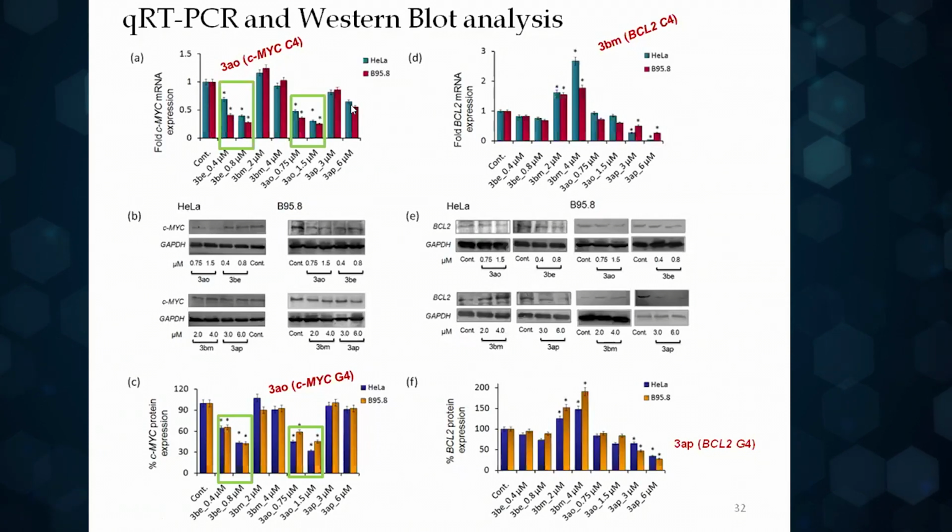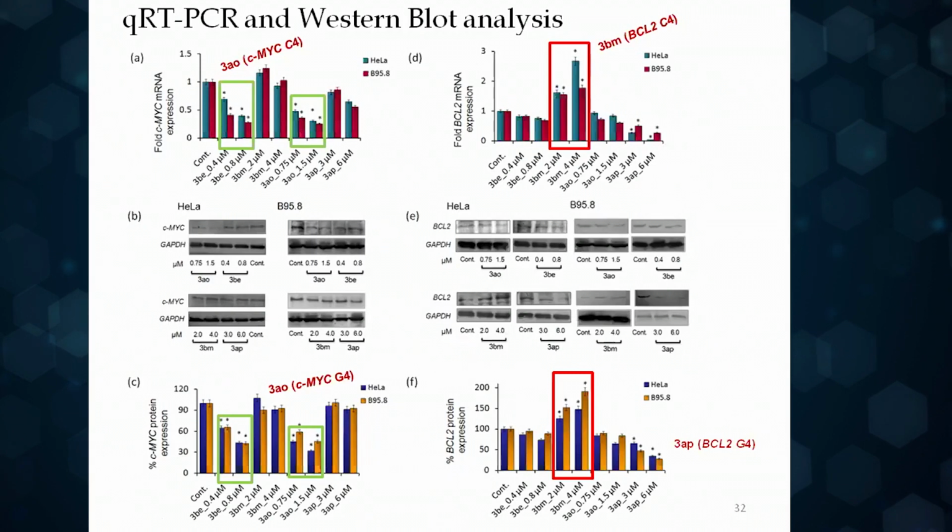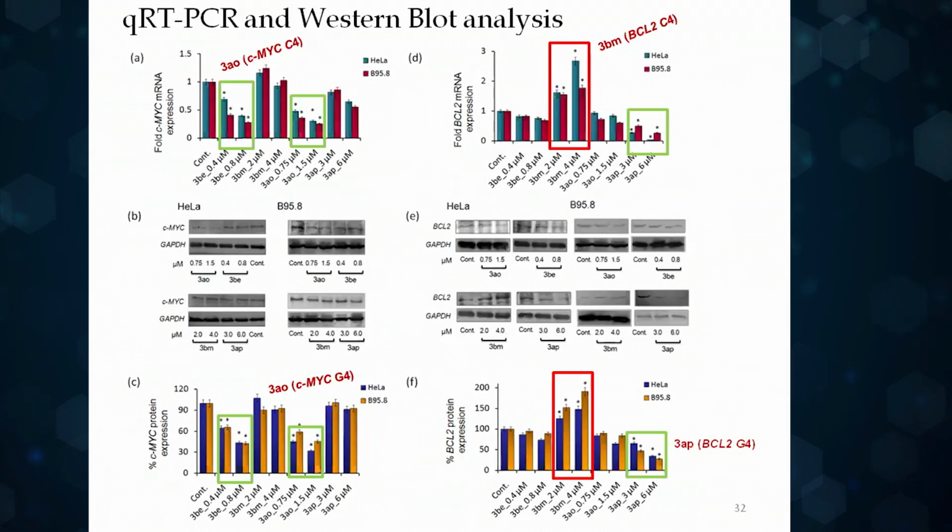Similarly, the c-MYC quadruplex lead reduces the c-MYC expression at both mRNA and protein levels. The BCL2 I-motif lead upregulates the gene expression in both the cancer cells. In contrast, the BCL2 G-quadruplex lead reduces the BCL2 gene expression without affecting the c-MYC expression.